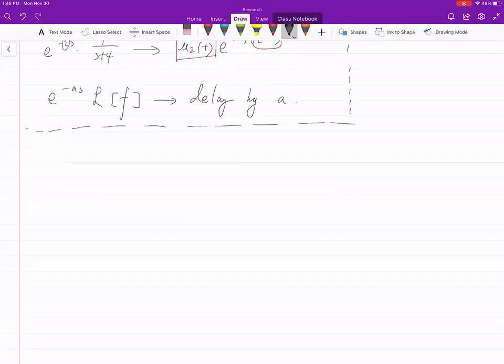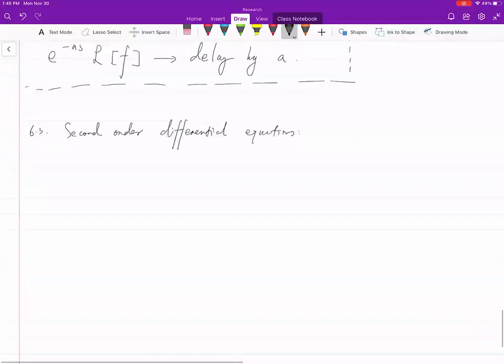6.3. Second order differential equations. Well, of course, we have done second order before.